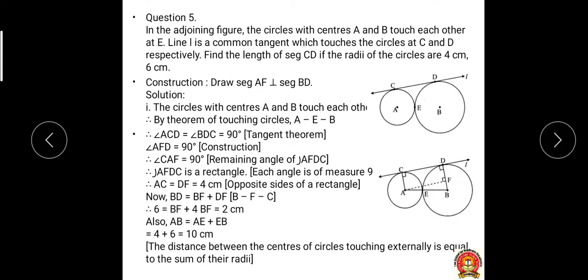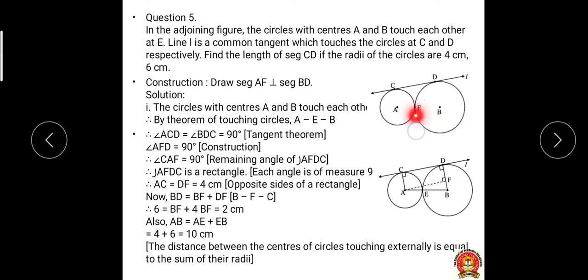Yesterday we saw the fourth question from practice set 3.2. Today I am going to explain the fifth question. In the adjoining figure, the circles with centers A and B touch each other at a point E. Line L is a common tangent. A and B are the centers of the circles.